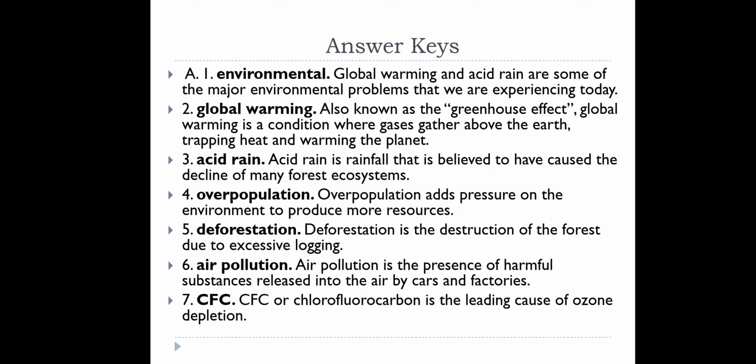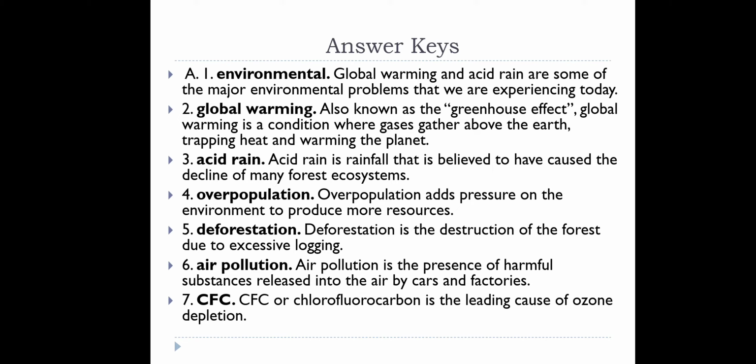Air pollution. Air pollution is the presence of harmful substances released into the air by cars and factories. Number 7. CFC or chlorofluorocarbon is the leading cause of ozone depletion. Did you get all the answers correct?